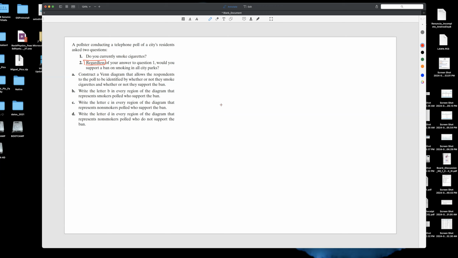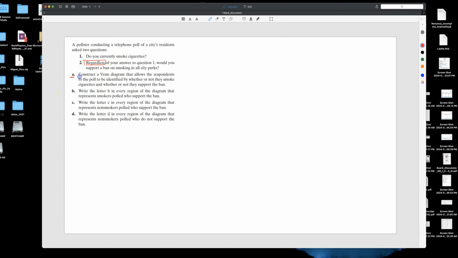And that is very important in order to draw the Venn diagram. That's what we're going to discuss in part A of the question. So let's go now with the questions.